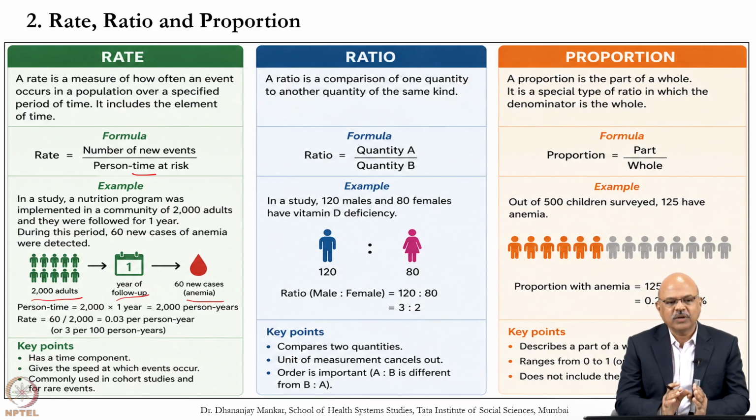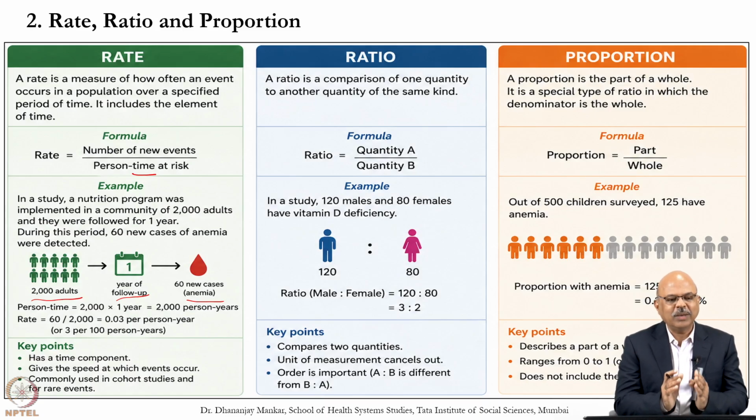Rate is 60 divided by 2000, which is equal to 0.03 per person-year.